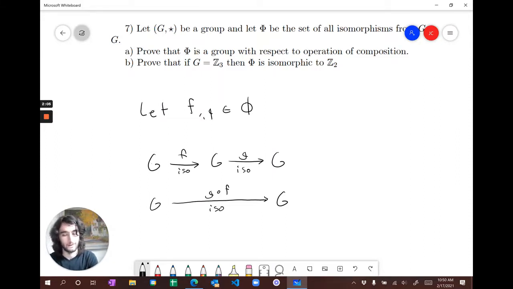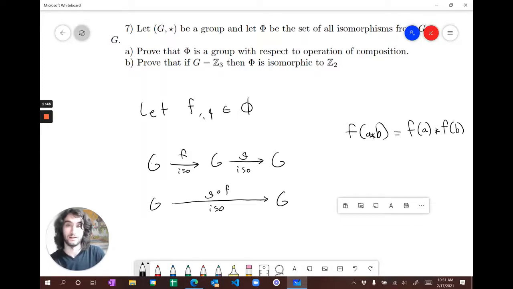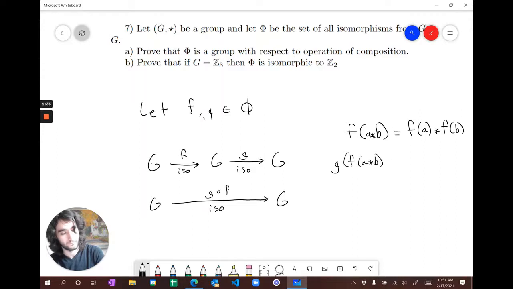If F respects the operation, so F of A star B is the same as F of A star F of B. I guess I should use a star. And then G does the same thing, well, then surely it's the case that if you do G on top of that, well, that's the same as G of this.